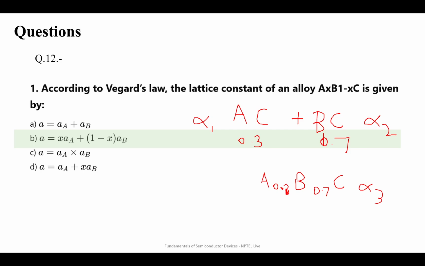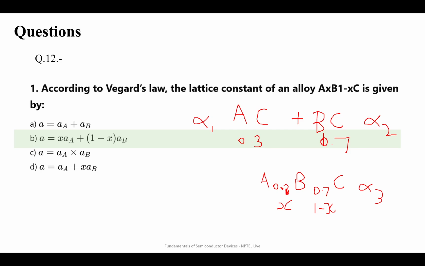What are your A and B? This is a mathematical equation. Okay, sir. The value of A will be 0.3 and B will be 0.7. Yes, 0.3 will be your x, and this is then your 1 minus x.